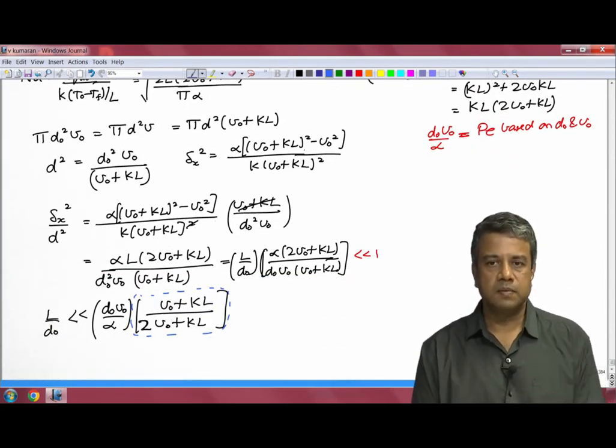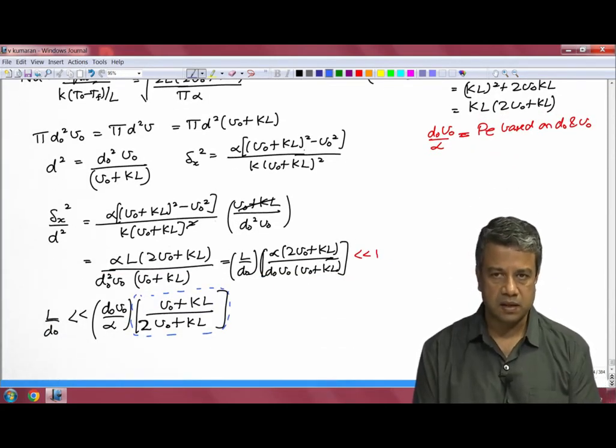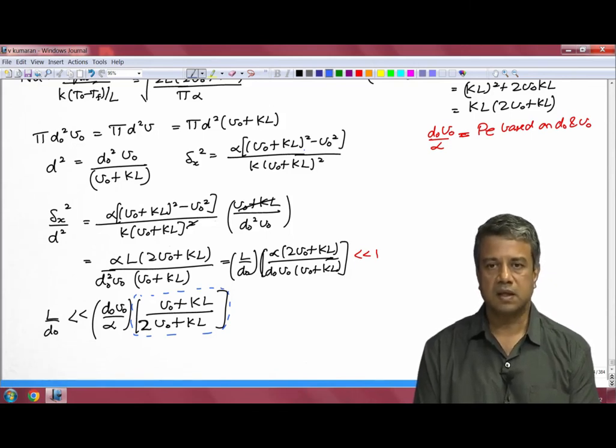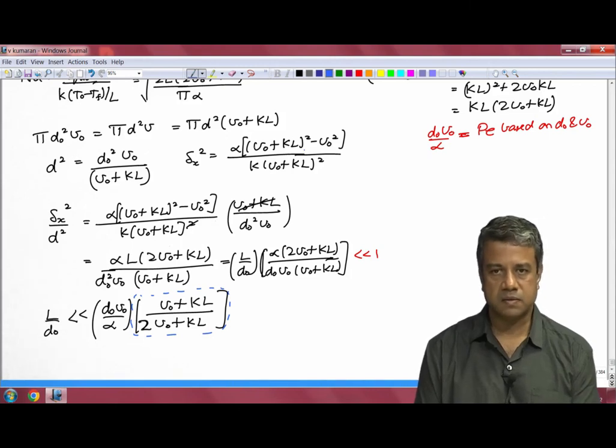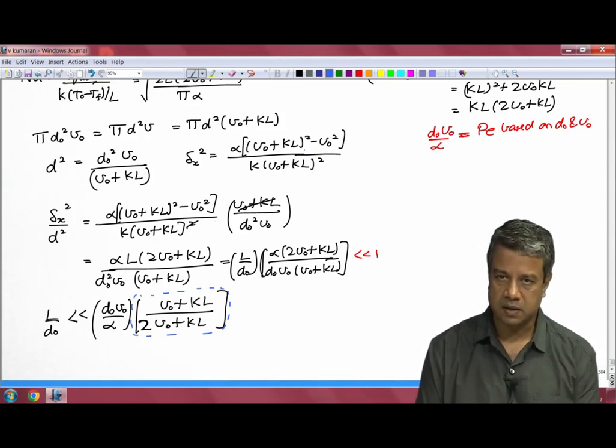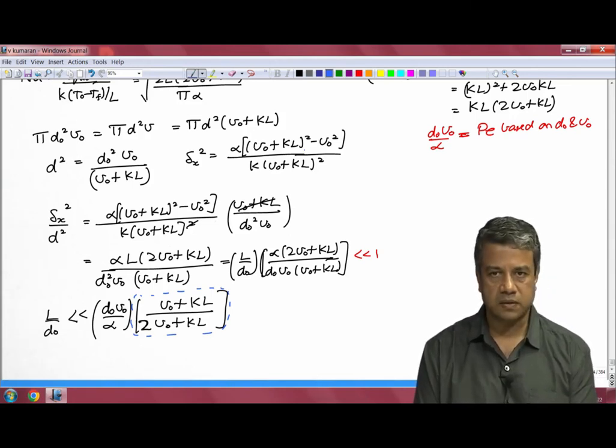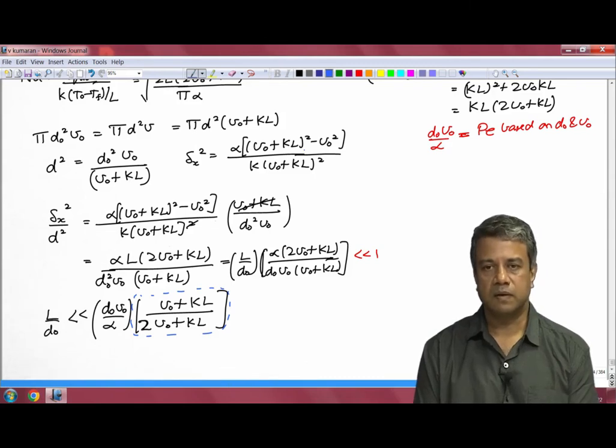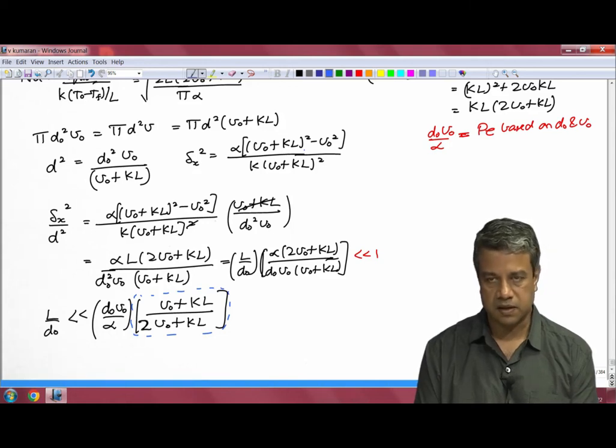So, this completes our analysis of boundary layer theory for flow past surfaces in the limit of high Peclet number, for both rigid surfaces as well as mobile surfaces. For rigid surfaces, the Nusselt number or the Sherwood number are proportional to Peclet number power 1/3, because the tangential velocity is 0 at the surface. For mobile surfaces, it is proportional to Peclet number power half, because the tangential velocity is non-zero at the surface.